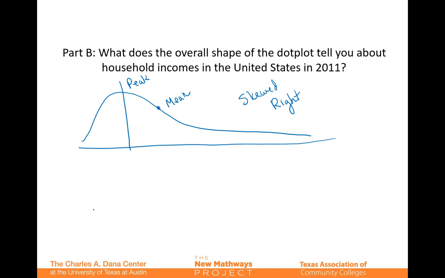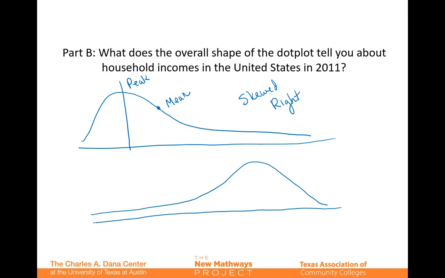If you have a graph and the data looks like this, here's your peak, but your average value would be someplace over here because of all this additional data. That is called skewed left.